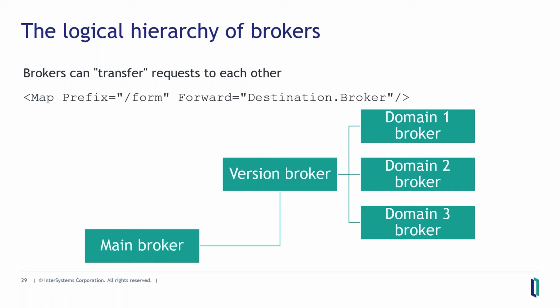All paths for books are another domain. All paths for points of sale are another domain. Our main broker usually forwards all requests with specified versions to a version broker, and the requests without versions are usually forwarded to the latest version.